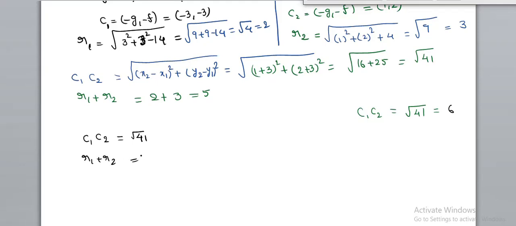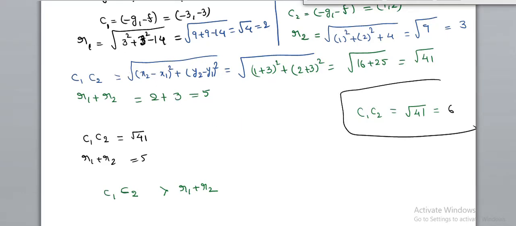R1 plus R2 value 5. So just observe, 6 is the nearest value, 5 is R1 plus R2, that is the greater than condition. C1 C2 greater than R1 plus R2. Okay.